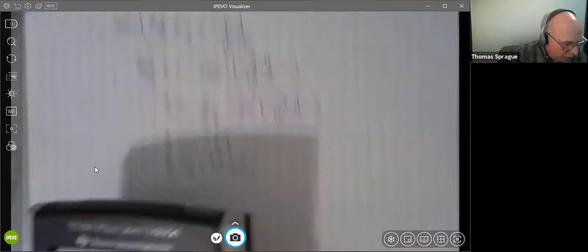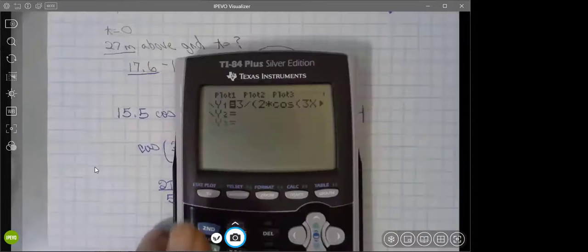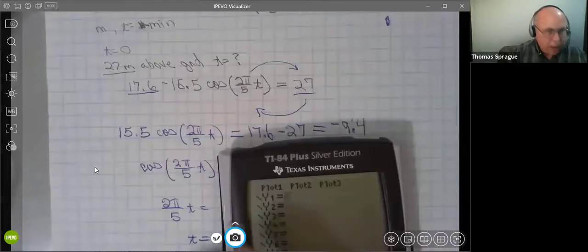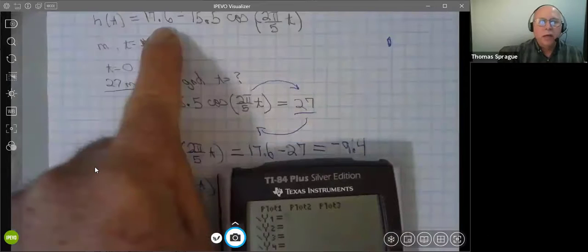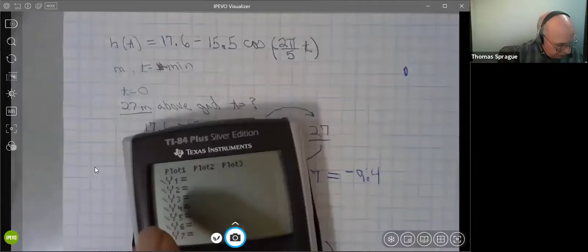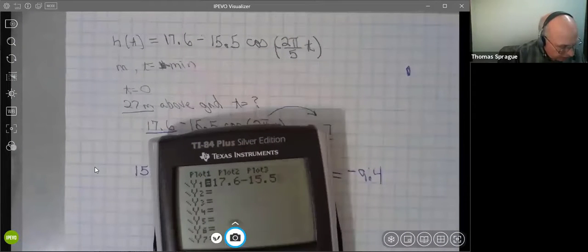Okay, now let me show you another way of doing this. If you have the power of a graphing calculator, you can really get here quickly. What I'm going to do is this. I'm going to enter this function here: 17.6 minus 15.5 times the cosine of 2 pi divided by 5.